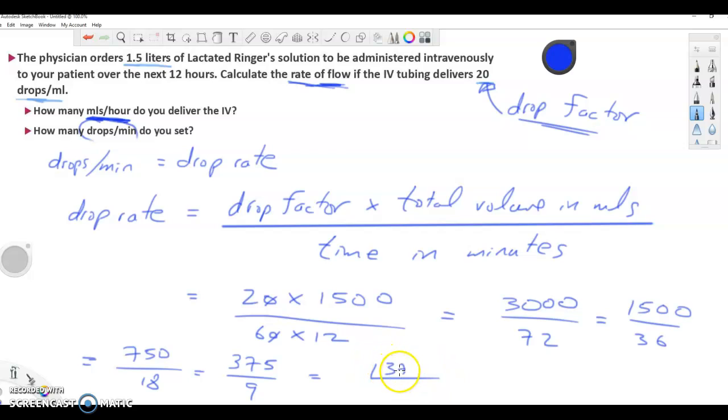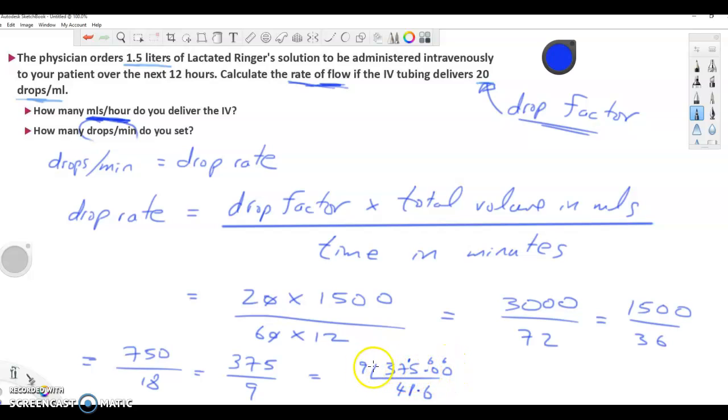Now we have to get down here with our short division. So we have 375.00 divided by 9. 9 into 3 doesn't go. 9 into 37 goes 4 times, because 9 4s are 36, which leaves a remainder of 1. 9 into 15 goes once, with 6 over. Bring down the decimal point. 9 into 60 goes 6 times, and 6 9s is 54, so we have 6 left over.